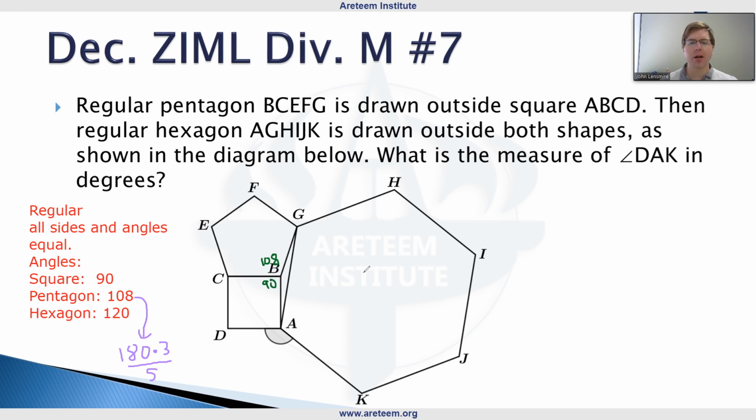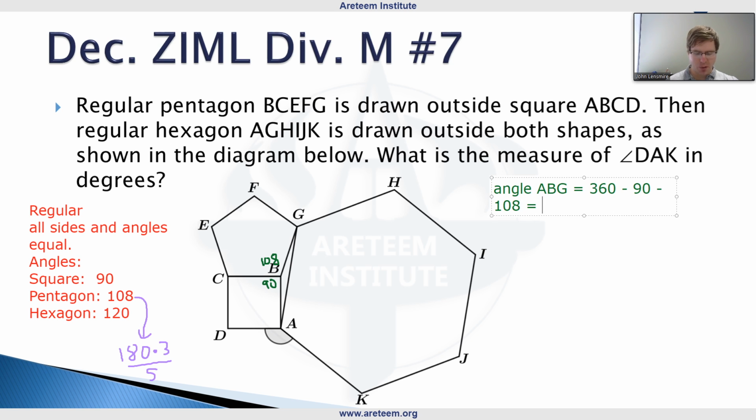So we know here that these two angles, ABC and GBC, are 90 and 108. So a good place to start here is that angle ABG is 360 minus 90 minus 108.